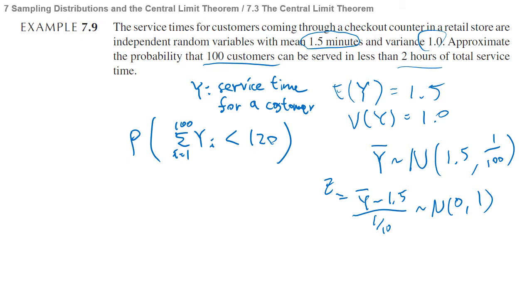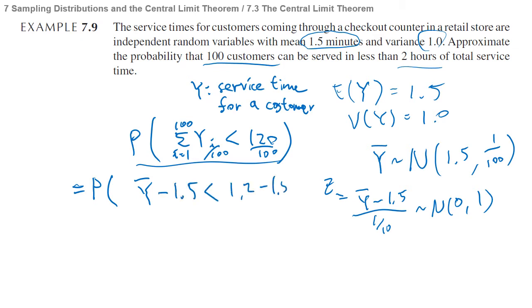To calculate this, we divide by 100, so it is Y bar minus 1.5, here 1.2 minus 1.5, divided by 1 over 10, which is multiplying by 10.